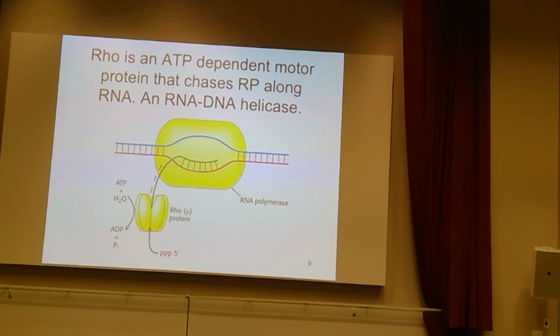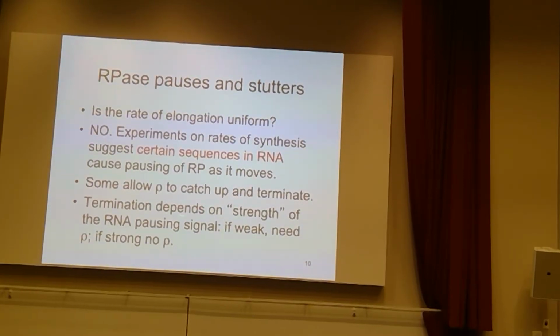In some cases, it can move very smoothly and speedily, and in other cases, as it's generating different types of RNA product or as it's hitting different sequences within the DNA, it actually begins to slow down, can even stall a bit, and that functions as an internal signal, allowing that rho protein to catch up, and as it does that, it can push that polymerase off.